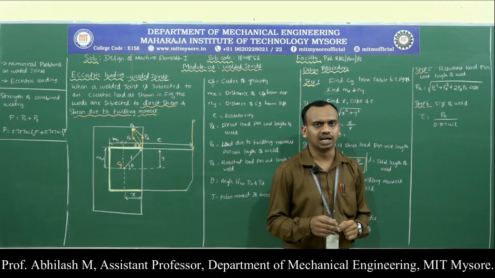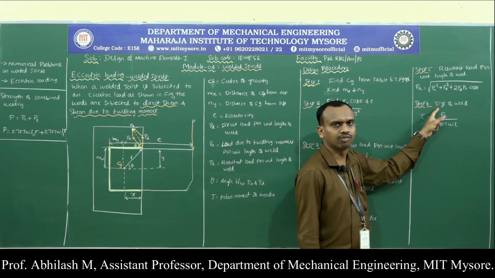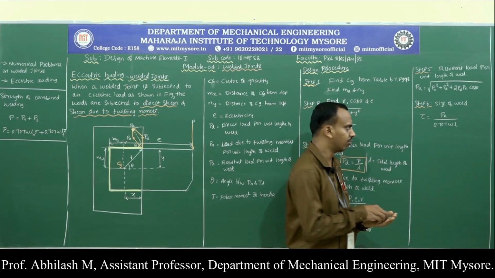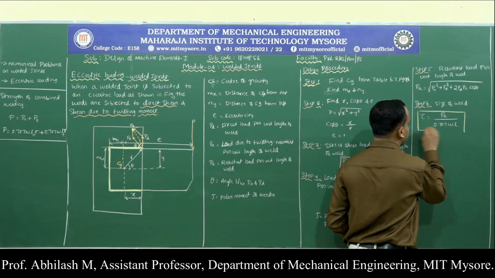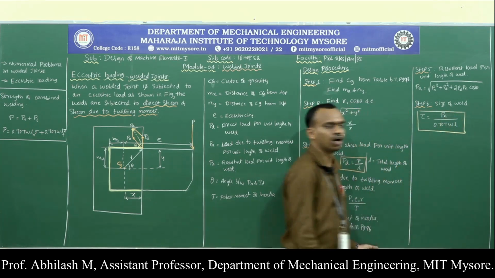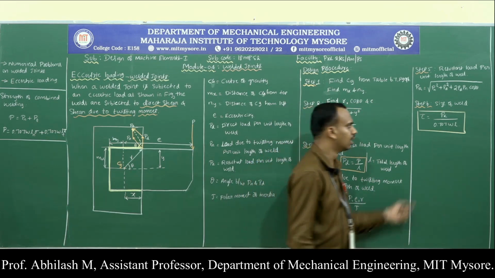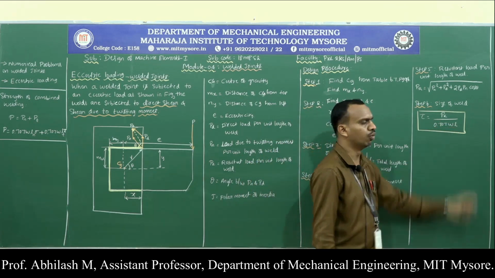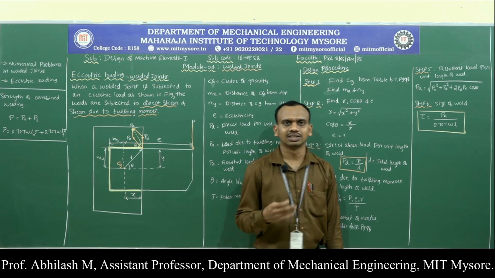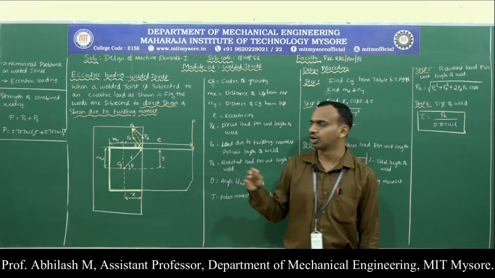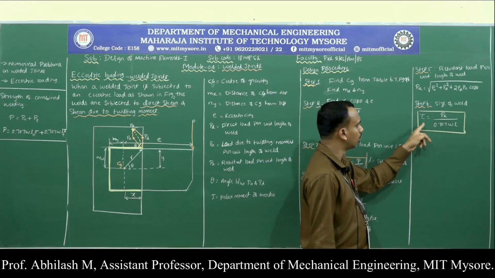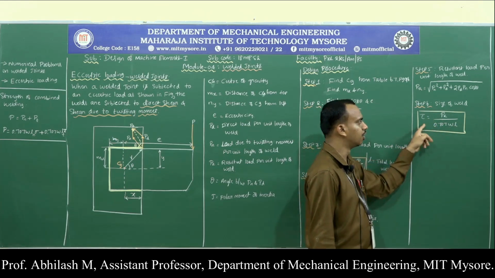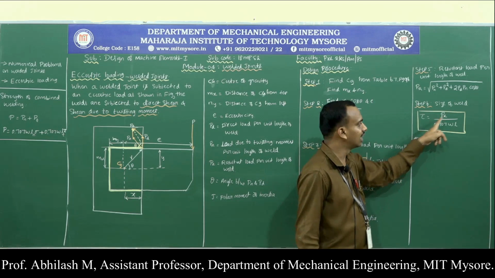Basically, in the problem they have asked us to calculate the size of the weld. In order to calculate the size of the weld, we have the relation: the shear tau is given by the resultant force or load per unit length of the weld, 0.707 W into L. It is similar to what we saw in the strength of the weld, where load P is equal to 0.707 WL into tau, whereas here it is a resultant load.